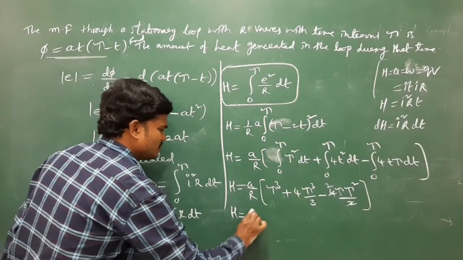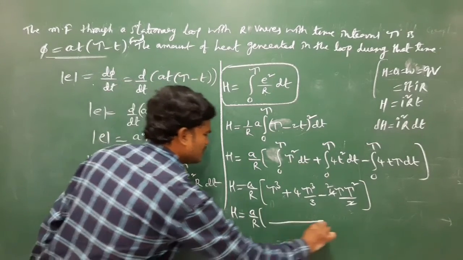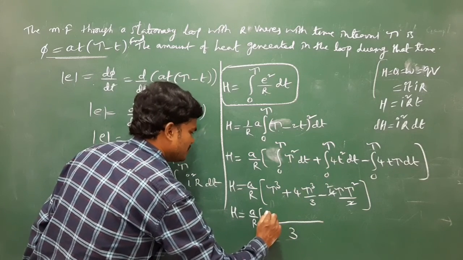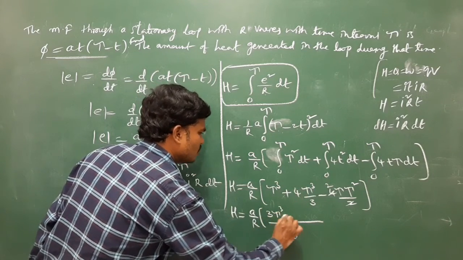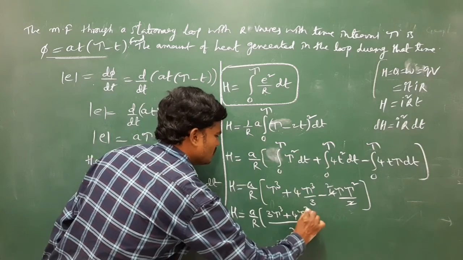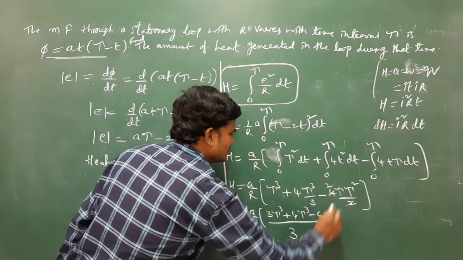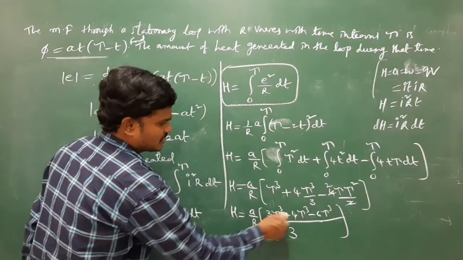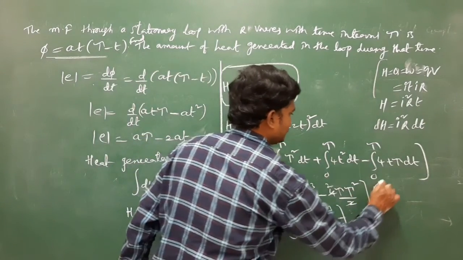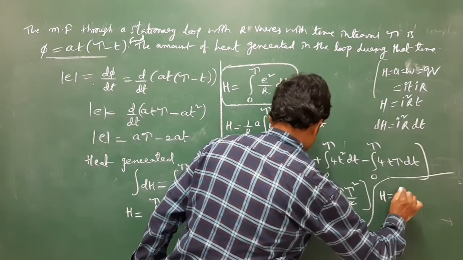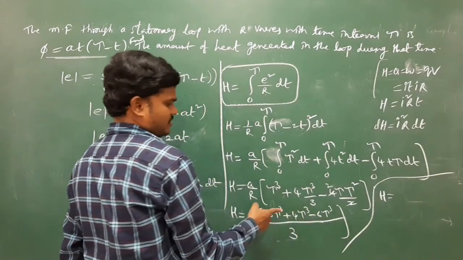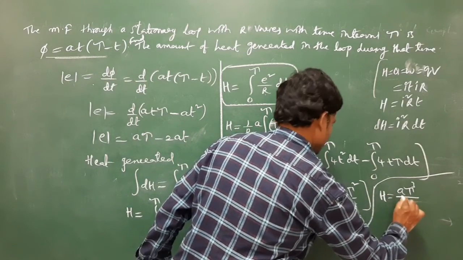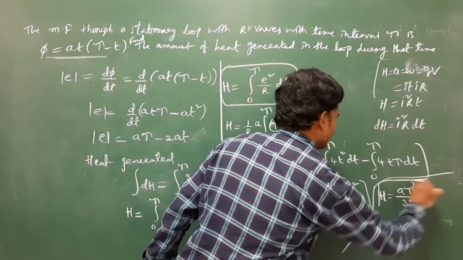Now H equals a by R, with tau cube common: 3 tau cube, 4 tau cube by 3, minus 2 tau cube, which gives 6 tau cube minus... so this is heat, we can write it as a tau cube by 3R.